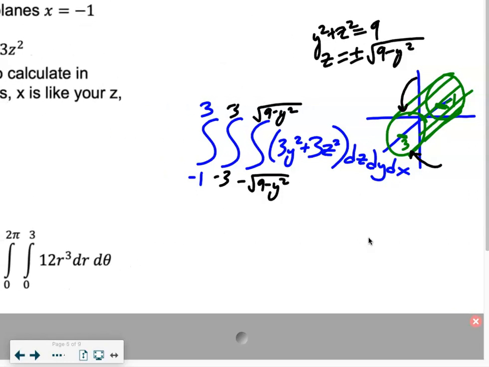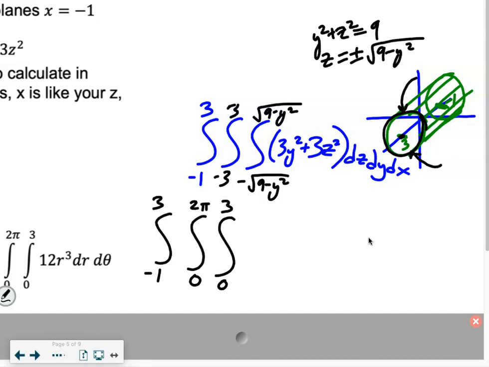Okay, so how do we convert this to cylindrical? Your x is still going negative 1 to 3, but now we need an r and a theta that produces this circle. Your theta is still 0 to 2 pi, and your r is still 0 to 3.